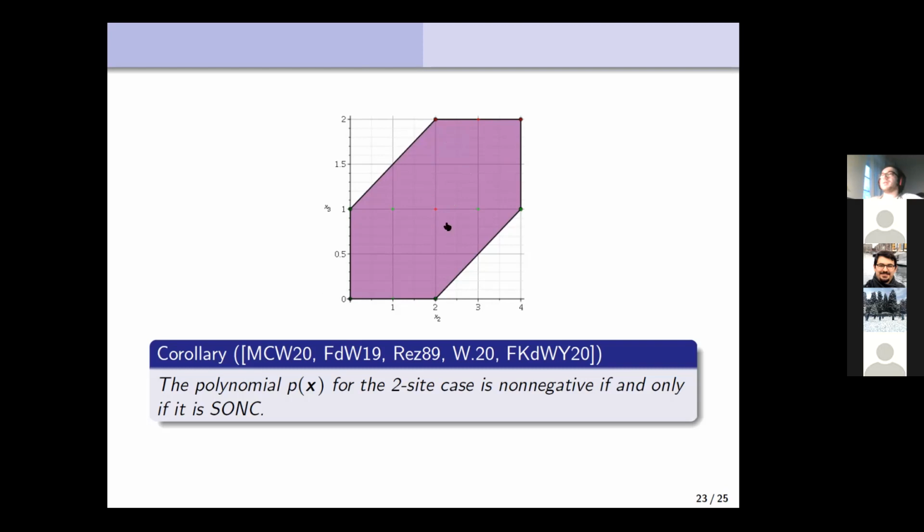Some sort of upshot of this approach: what I'm trying to say is that SONC is enough, and SONC polynomials exactly describe what we want to see, the multistationarity region in the two-site case.